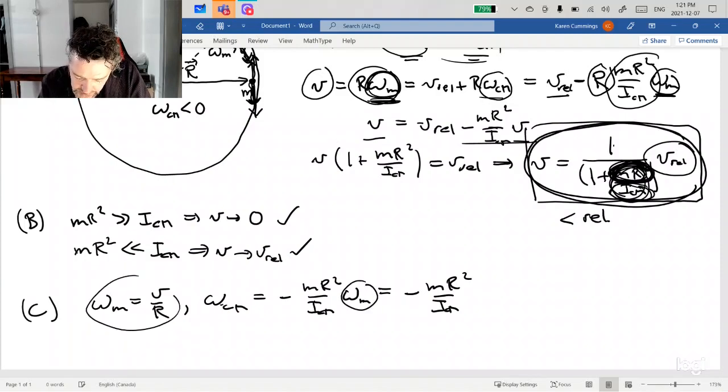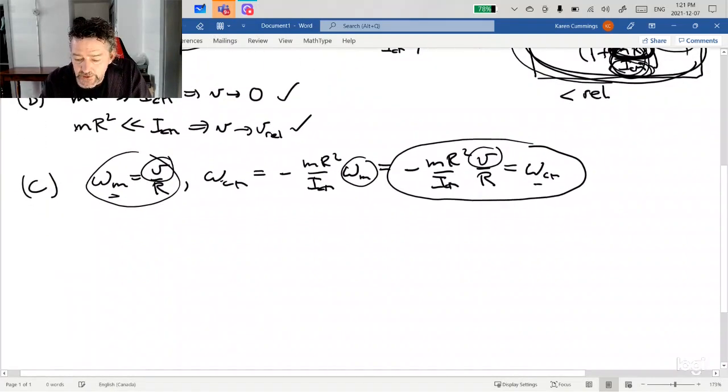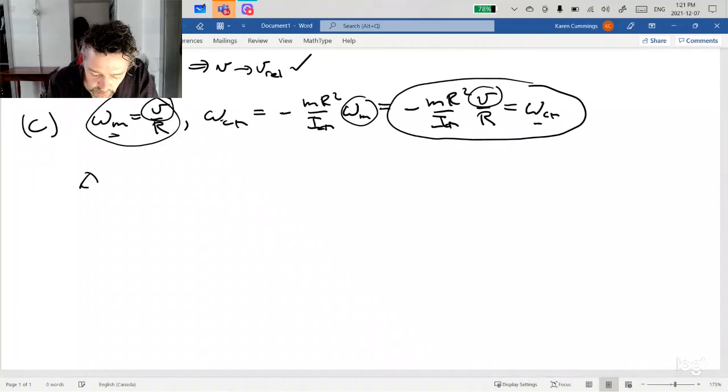Well, omega m is just v over r. So this is omega Cm. Now omega m and omega Cm are both expressed in terms of v, and we know v back here. And so now that's great. Now we can calculate the change in the kinetic energy. I won't go through that calculation.